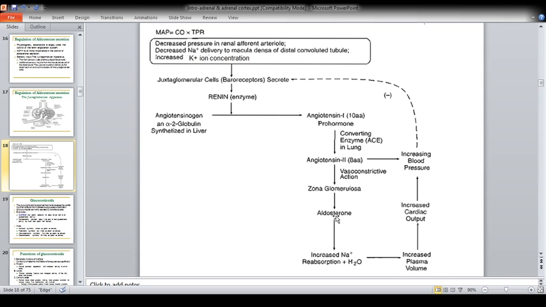This aldosterone from the adrenal gland would travel to the kidney, act on the proximal convoluted tubule, and reabsorb sodium from sweat, from the distal colon, from the salivary glands, and it would cause increased reabsorption of water and sodium, which would increase plasma volume, extracellular fluid volume, and which would increase the cardiac output and blood pressure, which would then have negative feedback on the juxtaglomerular cells, and hence this whole system is regulated.